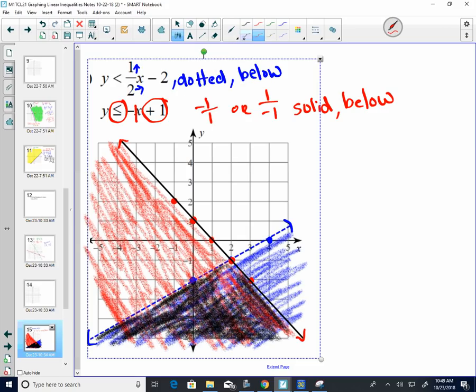And if I pick a point down here, so this is 0, negative 1, 2, 3. So if I pick the point 0, negative 3, and I substitute it back into both of them, it should make both inequalities true.